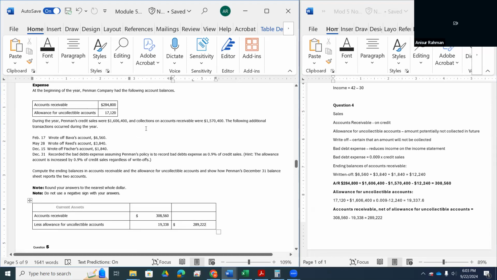So that is our accounts receivable net of allowance for uncollectible accounts.